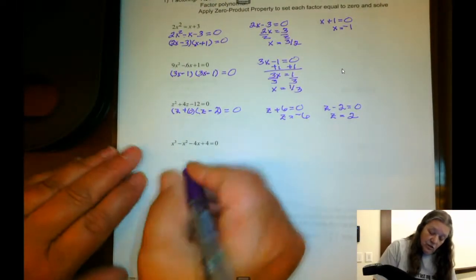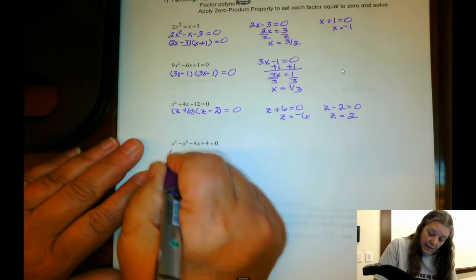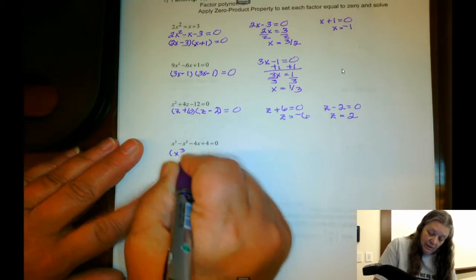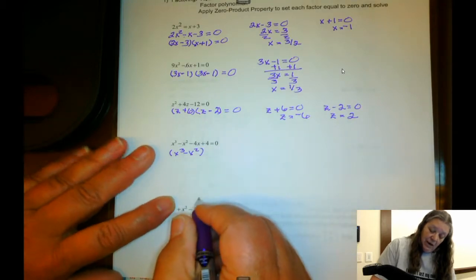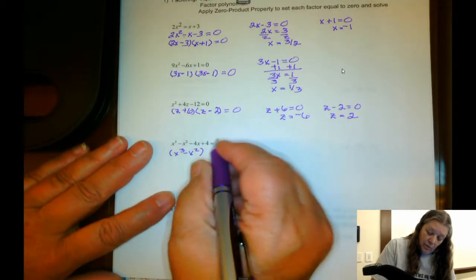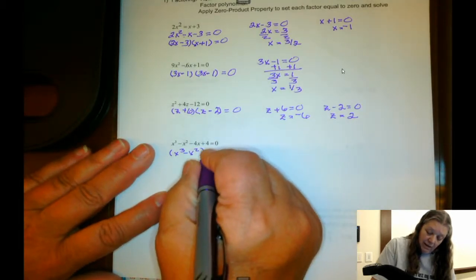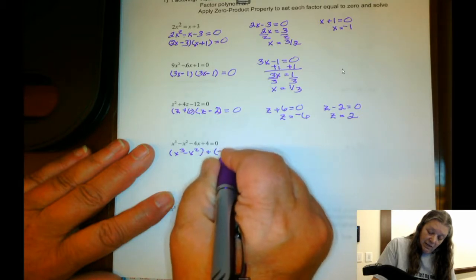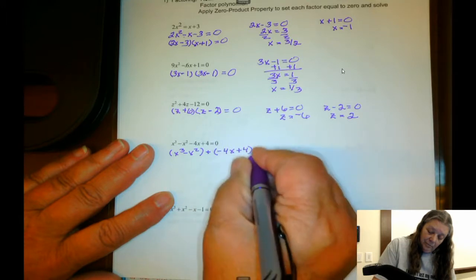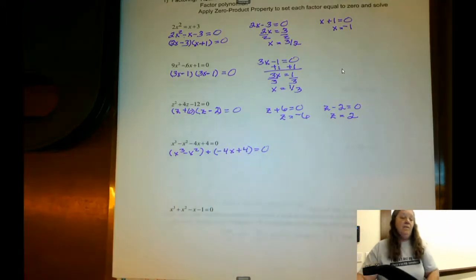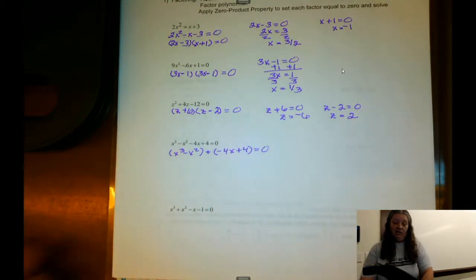What we need to do is group them. So we'll group them in pairs. So we have x cubed minus x squared, then plus negative 4x plus 4. Once we group them, we find the common factor in each group.